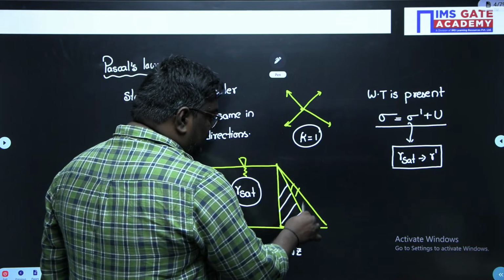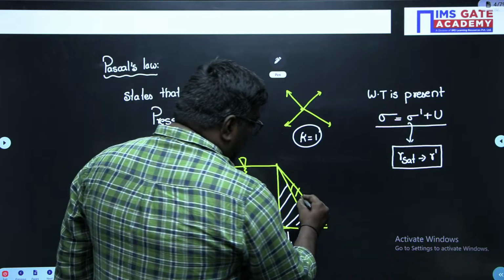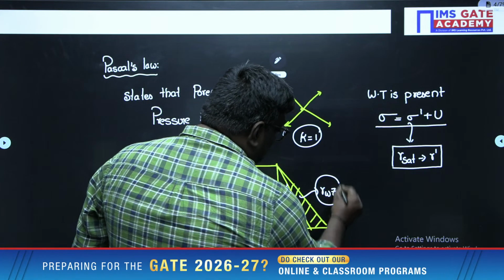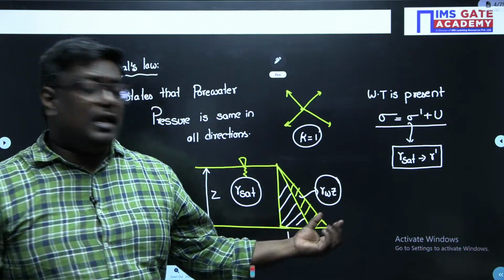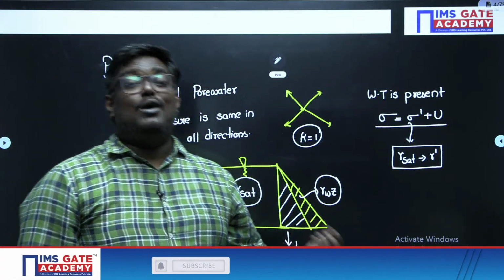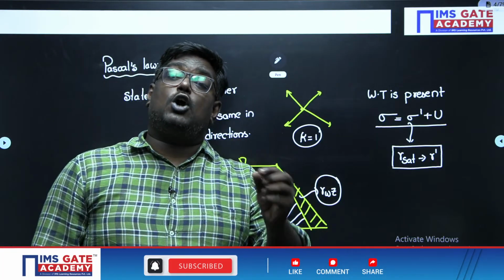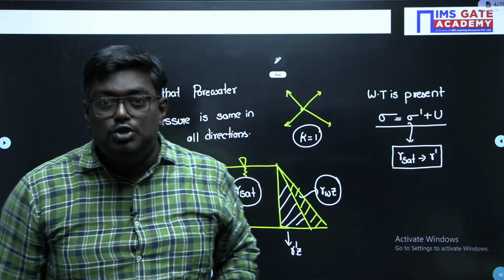And this part can be written as gamma W into Z. People will ask me, sir, why can't I take gamma sat into Z? Because if you take total stress, you will multiply the pore water pressure also with the coefficient, which you should not do.